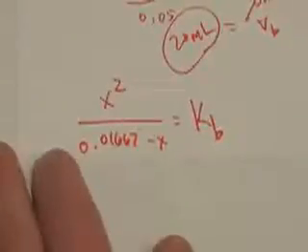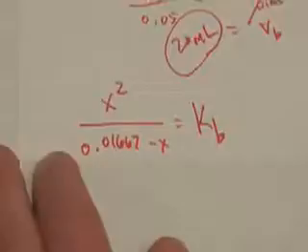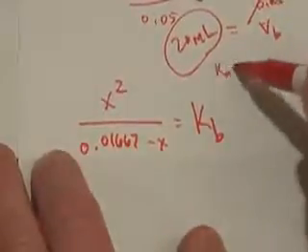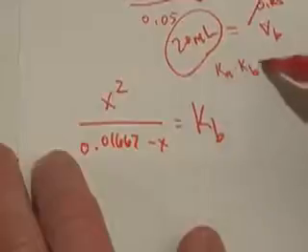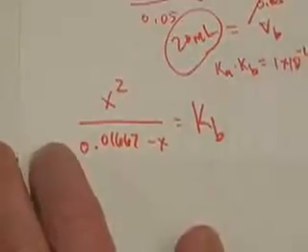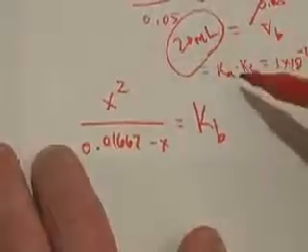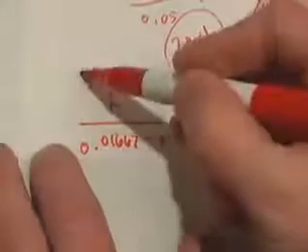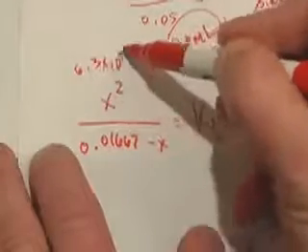Well, like I said before, I can't look up the Kb of benzoate ion, but I do know the Ka. I looked up the Ka, and I know that the Ka times the Kb is equal to 1 times 10 to the negative 14th. And if I look back up to the top of the page here, the Ka of it was 6.3 times 10 to the negative 5th.